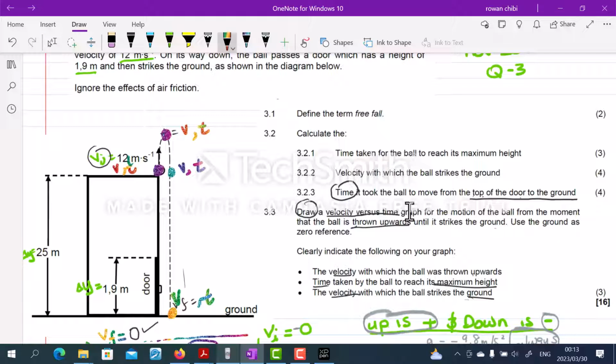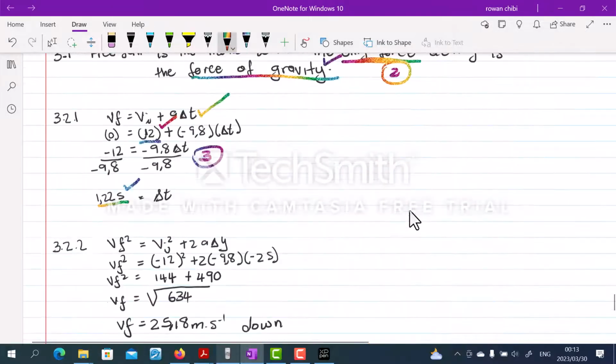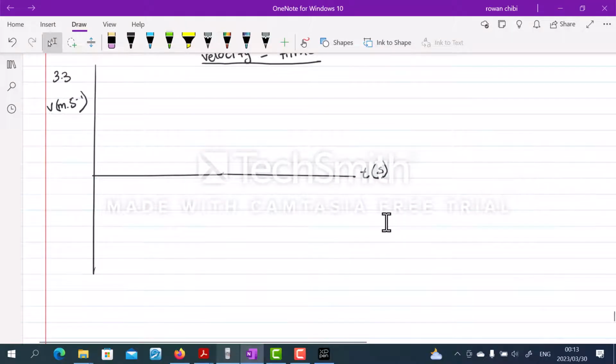We do know v was 12 and the time when it started was 0. So the first point is 12 and 0. The velocity is 12 and the time is 0.